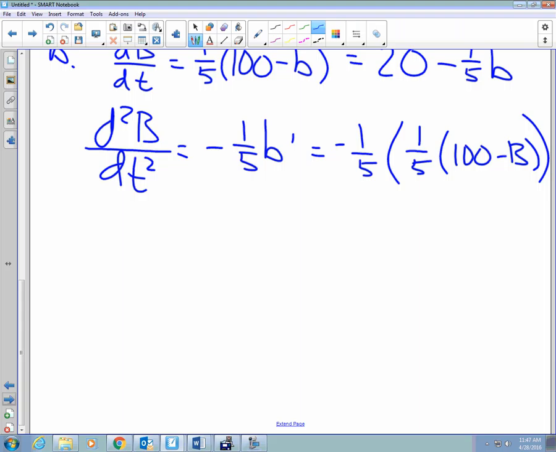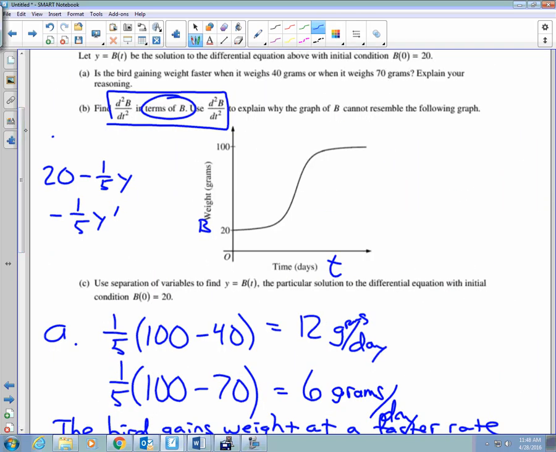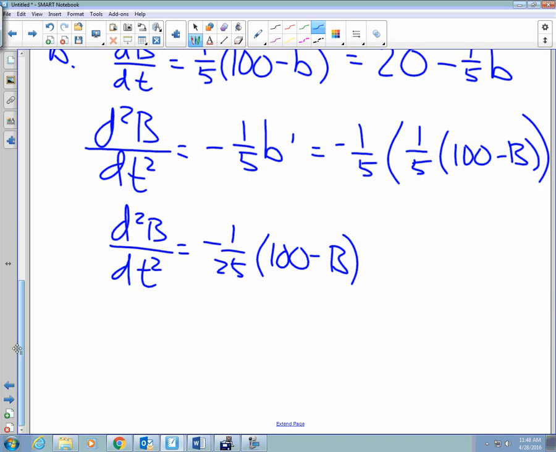So in other words, our second derivative is equal to negative 1/25 times 100 minus B. That's our second derivative. Now the question is, if this is the second derivative, why is this graph not the graph of the original?